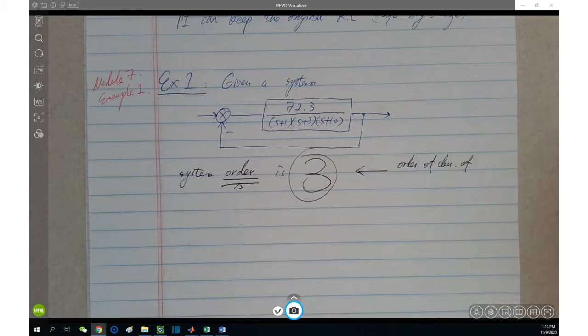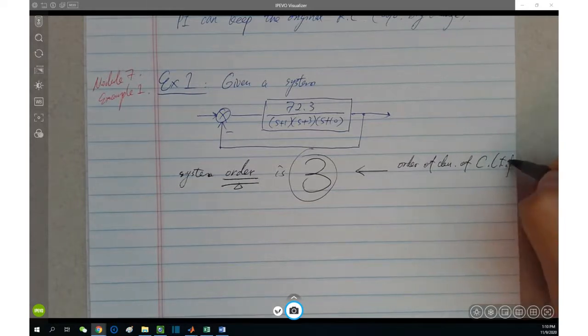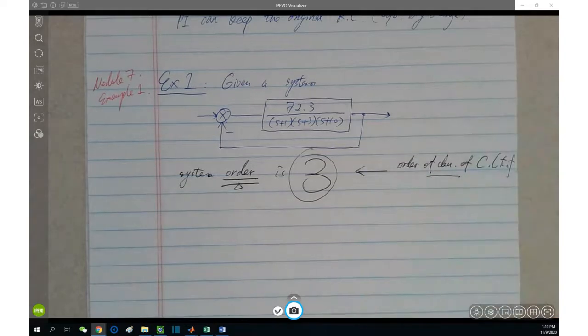Feed forward only? Nope. Feed forward transfer function or open loop transfer function cannot tell us the system order. Here we go: closed loop transfer function. Denominator order is the system order.